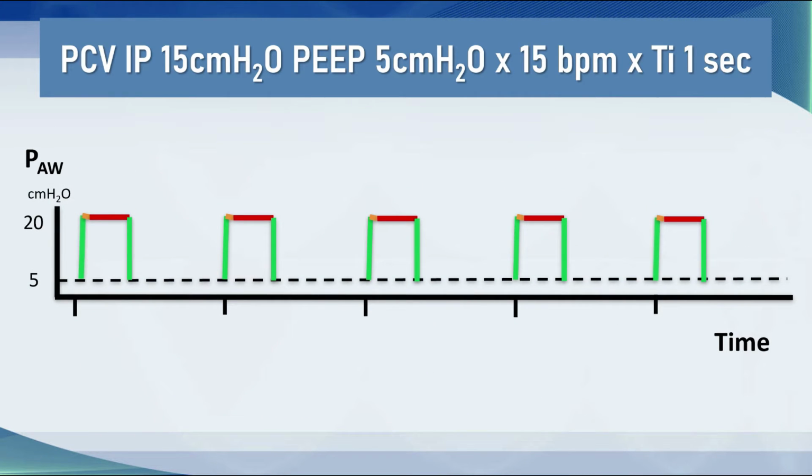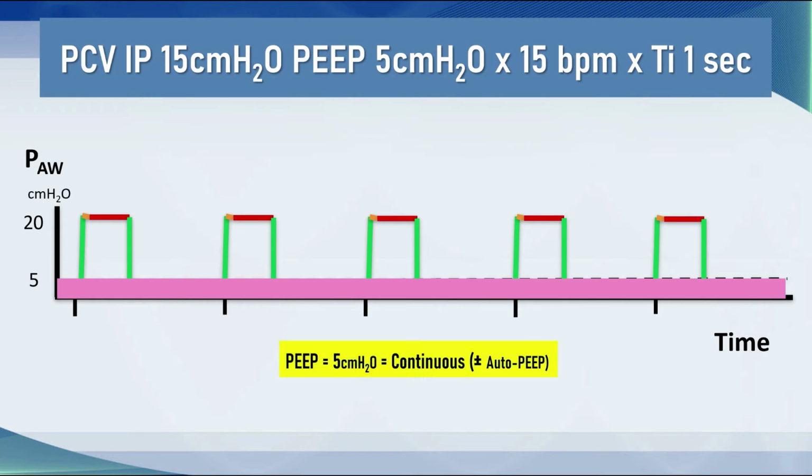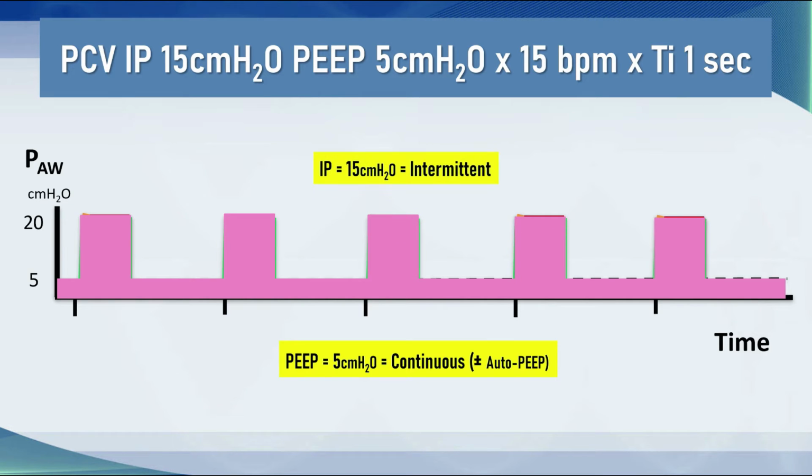So far, we have identified two different pressures: PEEP, which is applied continuously, and driving pressure, which is applied intermittently and held for the duration of inspiration. In pressure control, that pressure is rectangular shaped, and the area under that curve is the pressure time component.